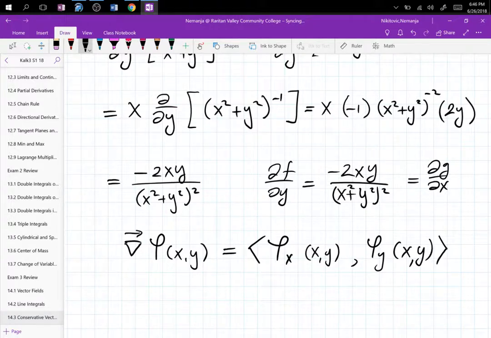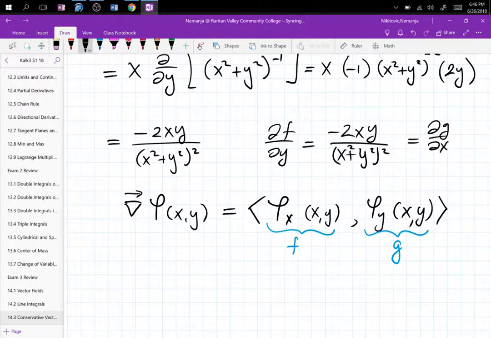Please observe that this part over here is the f part, and this part over here is the g part for our vector field, which is where you are going to make the claim that phi x, the partial derivative of phi in respect to x, is equal to f, which is given in terms of x and y, right? Maybe I should also note that here.